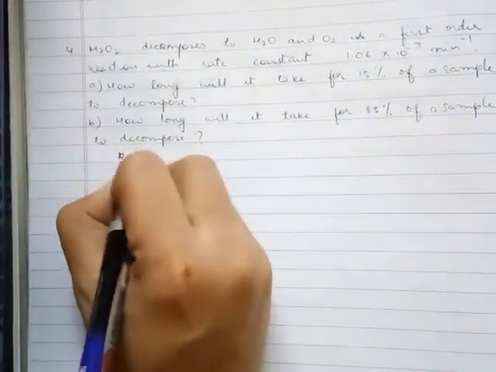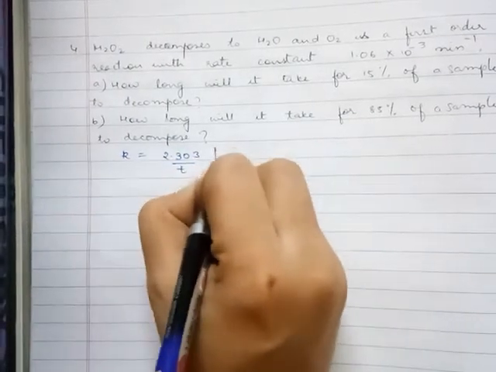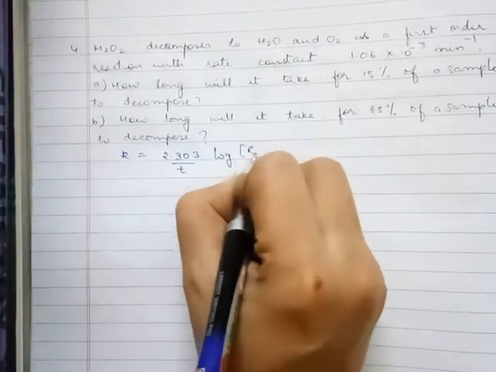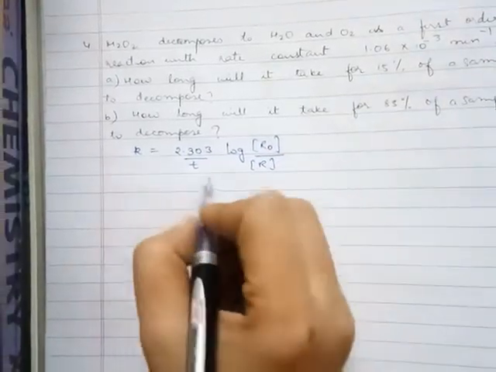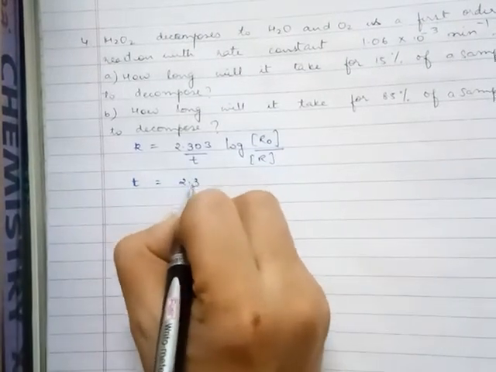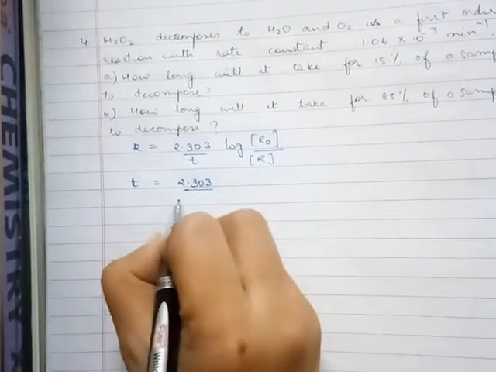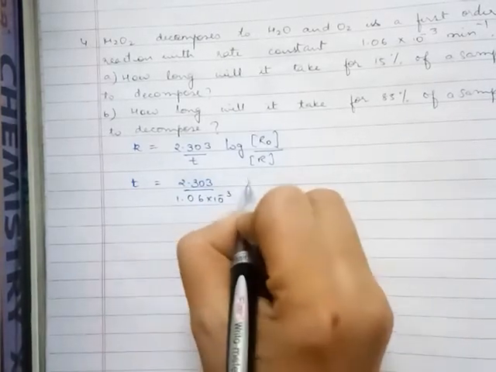So for first order, k is equal to 2.303 by t log the concentration of the initial reactant upon the concentration at the time t. Now time we need to find, so time t is equal to 2.303 upon the rate constant, which is 1.06 × 10⁻³.